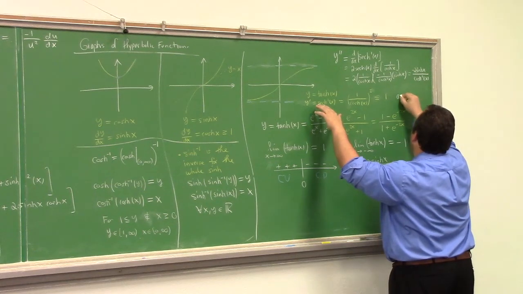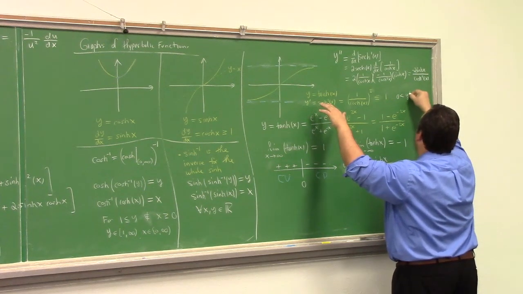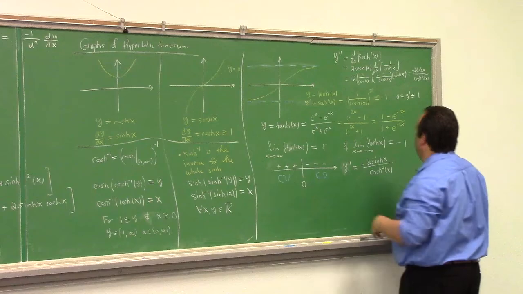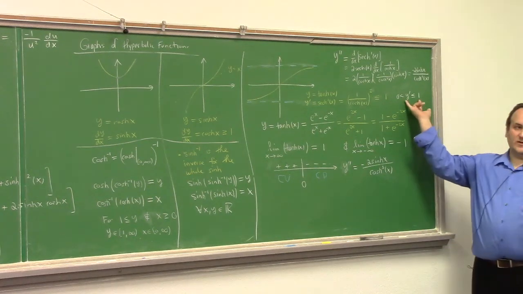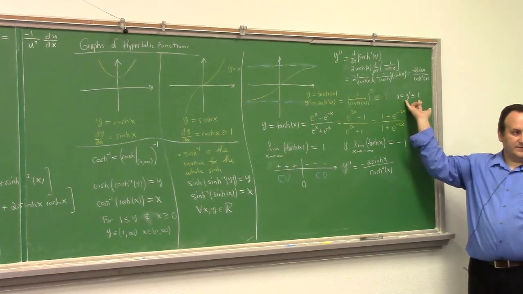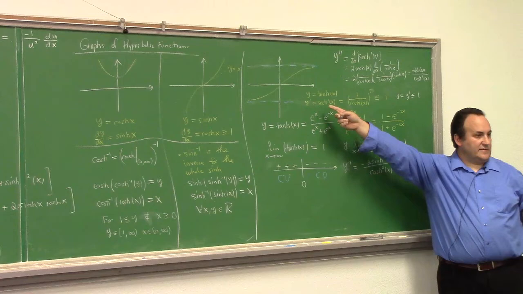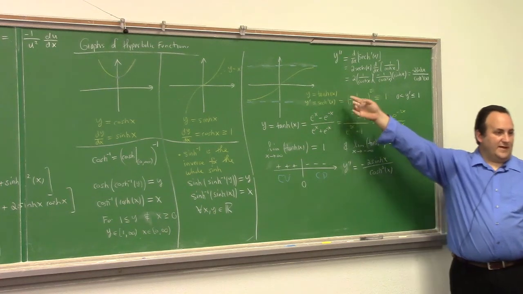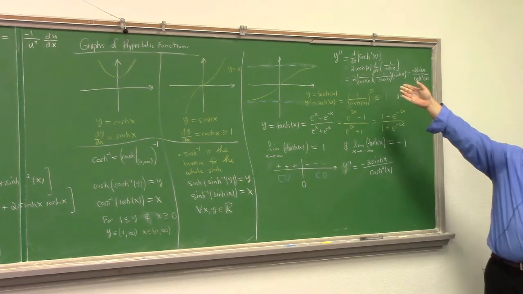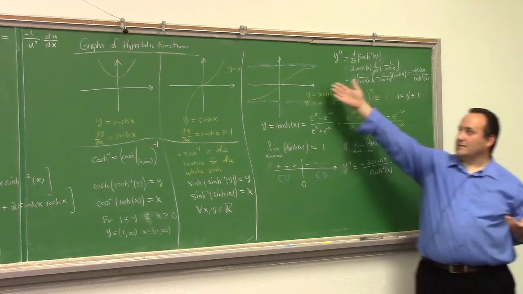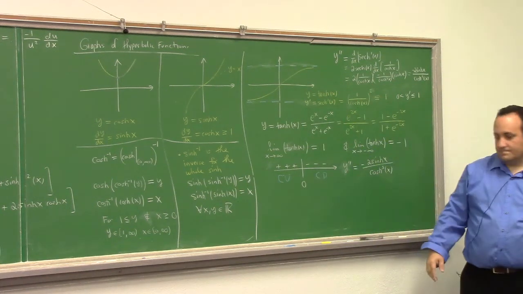So 0 is less than y prime is less than or equal to 1. So the slope of the function is between 0 and 1. I know it's not 0 because hyperbolic secant's not 0, right? So that means there can't be a turning point for the graph. The graph has to look like this, is what I'm trying to argue.